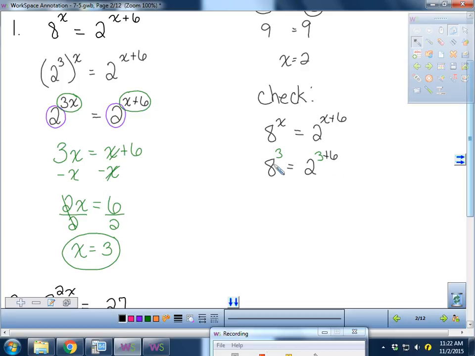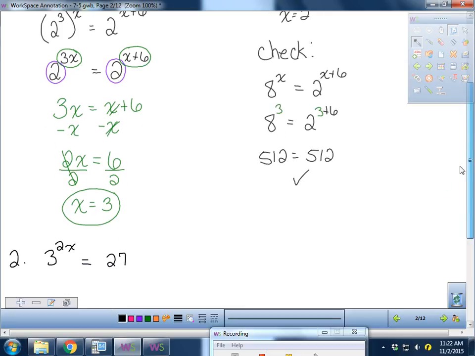So 8 to the third is 512. This would be 2 to the 9th. All right. And 2 to the 9th power is 512. So I see that both sides are equal, so therefore I know that my determination that x equals 3 is correct.